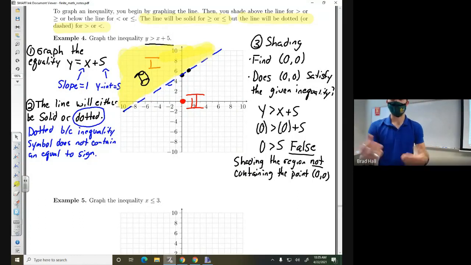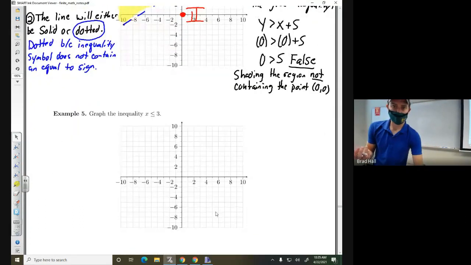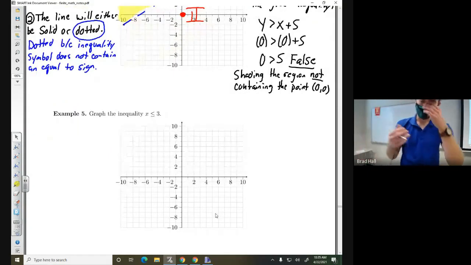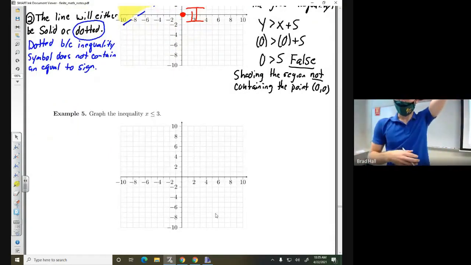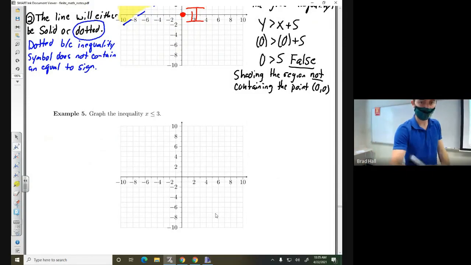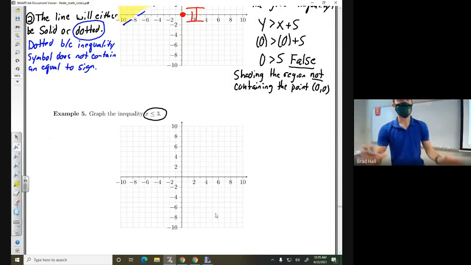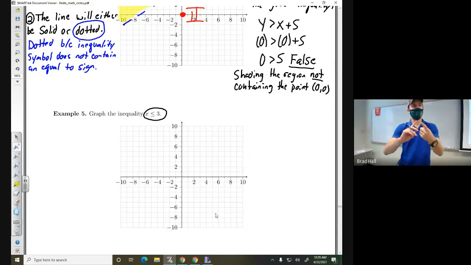So let's look at the next one and see what commonalities we can make between the two, what differences this might yield. They give us a new inequality, and same premise. We're going to plot the line, keep the line solid or dotted, and then figure out which region to shade.